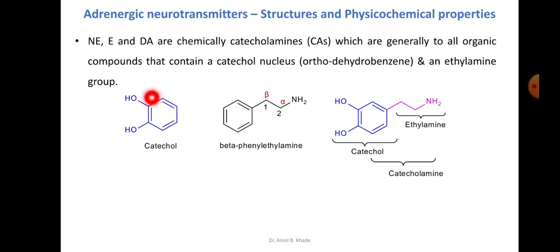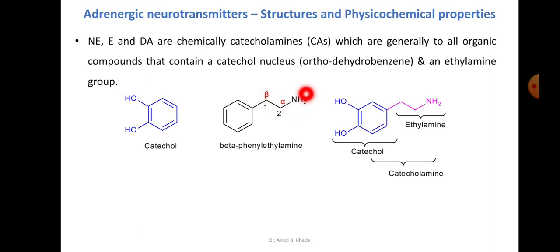So this is a catechol nucleus, and it is attached to this particular beta phenylethylamine. Okay, so in this beta phenylethylamine you can see there are two carbons and an amino group.